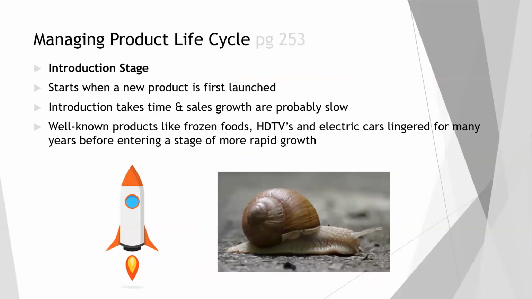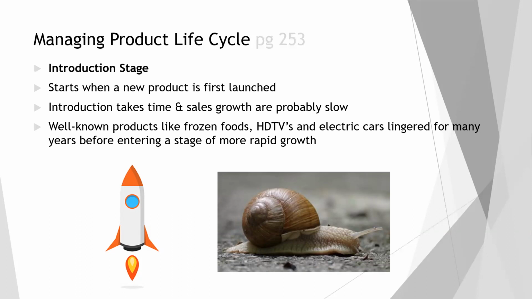So let's go back to our 5 stages of the product life cycle. Let's go a little bit more in depth with all of our phases. So our introduction stage. This starts when our new product, we're first launching it. The introduction takes a lot of time. Sales growth is probably very slow. As you see, I've got a picture of a snail here because it can sometimes be very slow.